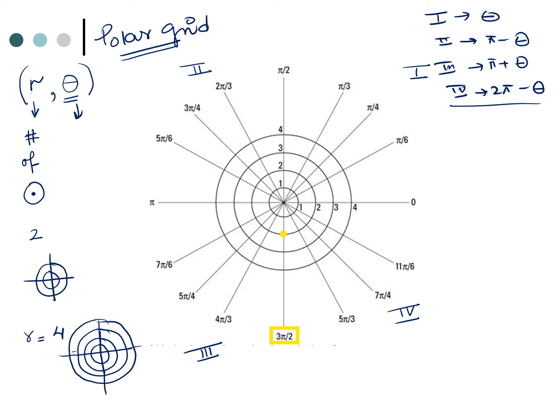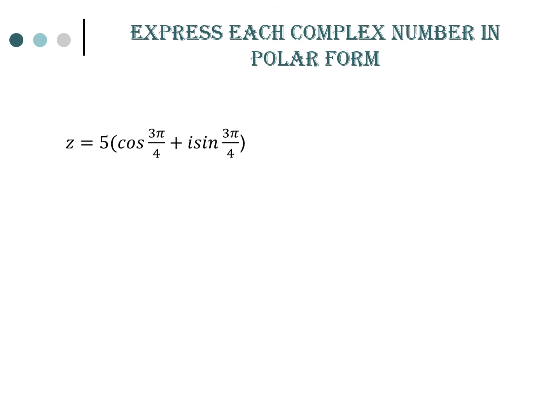Now let's see how we can convert the complex number into polar form and then use the polar grid to sketch those graphs. You all know that the standard polar form of the complex number is r cosine theta plus iota sine theta.